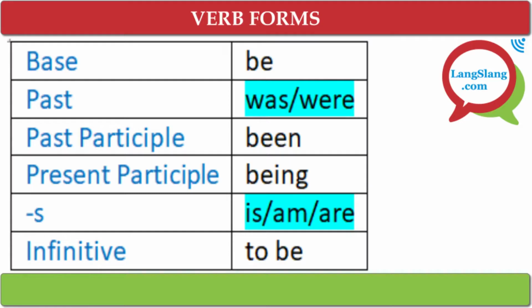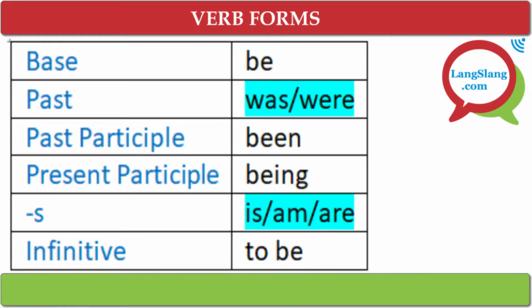Almost every English verb has 6 forms. There are special verbs. For example, the verb be, which has special forms. Its base form is be. Its past forms, there are 2 here, was and were. Its past participle form is been.